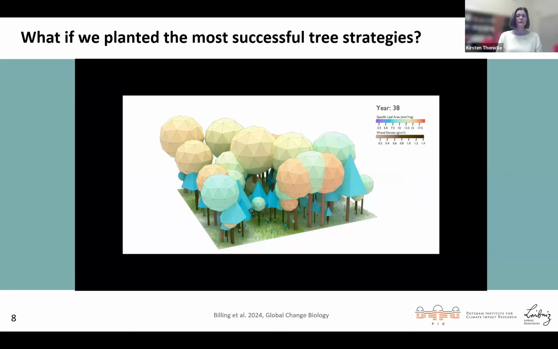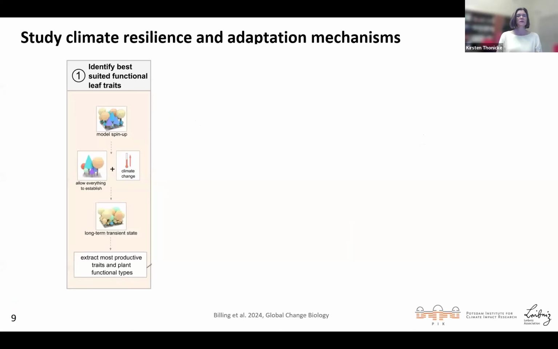So what we did is to design a study where we could test different levels of diversity. And so migrate the model into equilibrium and make the simulation under climate change for long-term climate change into a transient state, and then extracted the most productive traits and plant functional types.